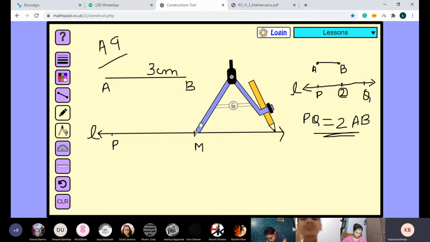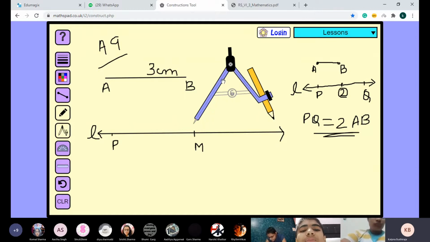Just a minute. Let me just make it. I hope this is clear to you now that the third point, this one, when you will keep the compass second time, then you are going to get your point Q. So Q point will be this one. So now I got PQ, which is double of AB.